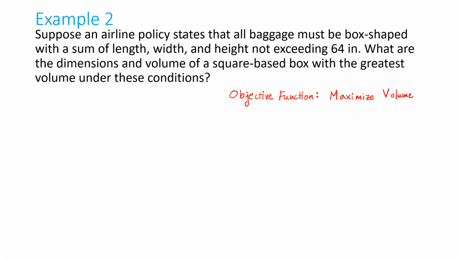And our constraint will be that the sum of the length, width, and height does not exceed 64 inches. Now, another thing to keep in mind is that they're describing a square-based box. So the base of our box is a square. So when I'm drawing my box here, the base is a square, so these are the same dimension.